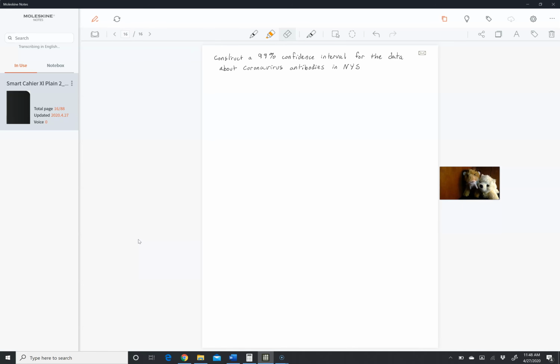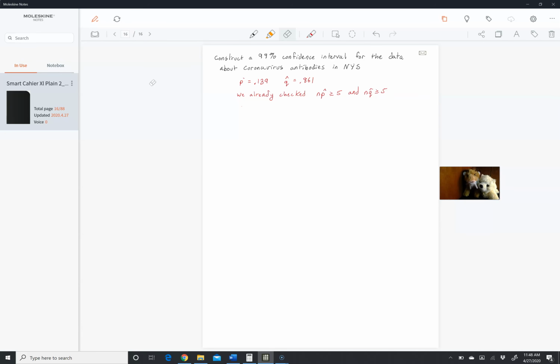So again, this means that p hat is equal to 0.139. Q hat is equal to 0.861. I'm going to write it here that we already checked that np hat was greater than or equal to 5, and that nq hat was greater than or equal to 5.